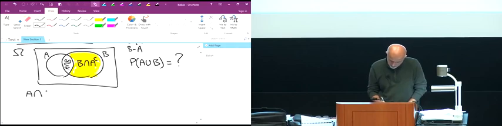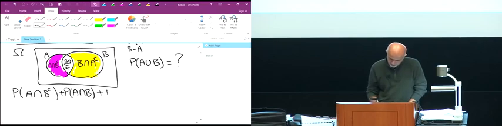A and so that would be here, right? A and not B. Is that what you're referring to? That's A and not B. Okay. What about it? Take the probability of this, plus the probability of A and B, plus the probability of B and not A. This all gives me what?